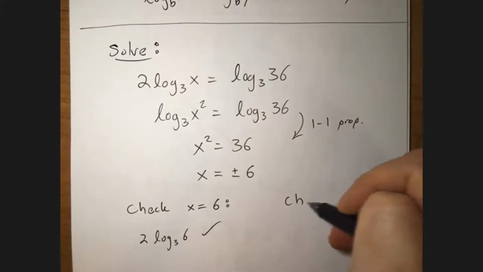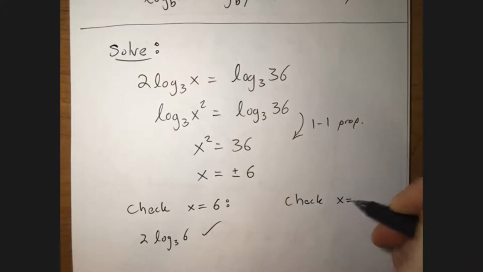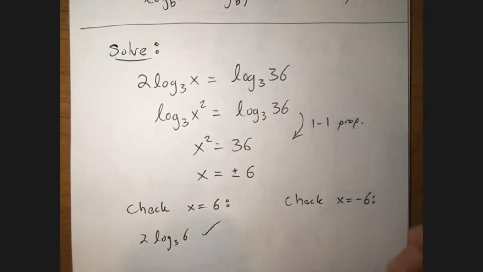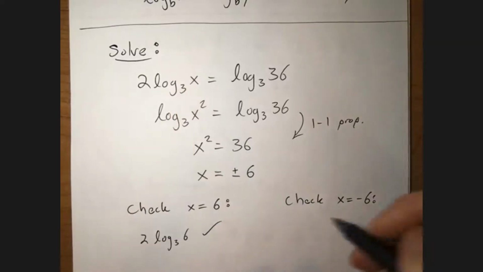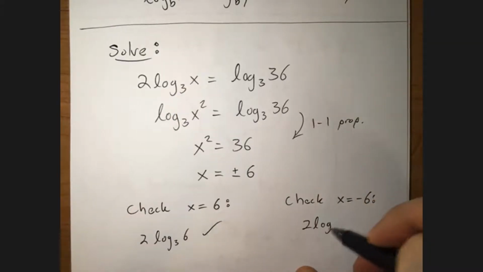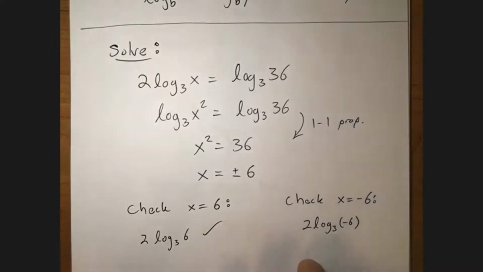However, if I check x equals negative 6, and I look at where there's an x up here, what's wrong with that? Well, remember, and this is why I'm glad that somebody asked earlier about what if one of the numbers is negative. Well, I mentioned that they can't be negative, right?